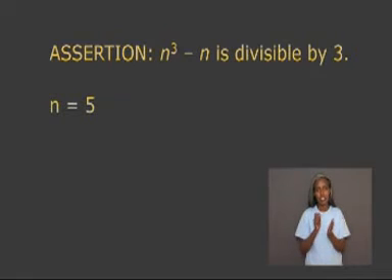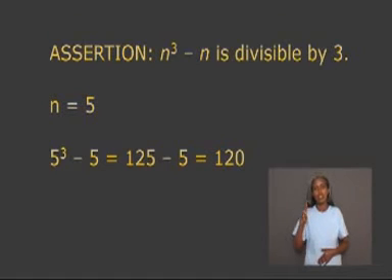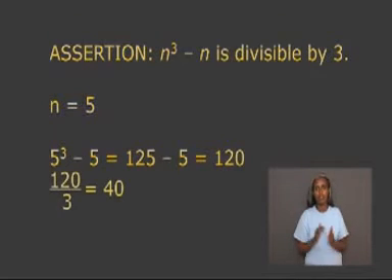For this example, let us assign n a value of 5. 5 times 5 times 5 equals 125. Subtract 5 and the difference is 120. 120 divided by 3 is 40. Like last time, our assertion seems to hold.